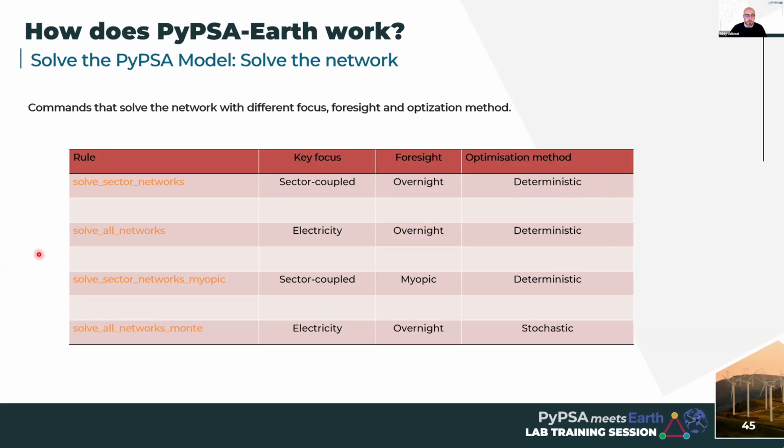If we just give the command solve all networks, we go to the electricity only network, the same overnight deterministic. And for a myopic, we say solve sector networks myopic, or solve all networks Monte. And this is called Monte Carlo. That's what we mentioned now, the stochastic optimization method.